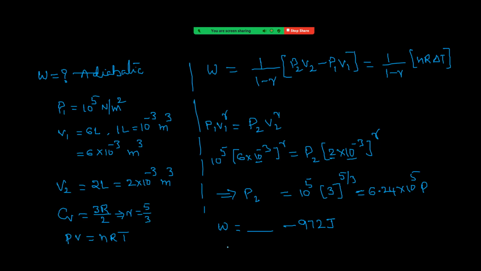The remaining part is only substituting P2 V2 minus P1 V1, with gamma as 5 by 3. Just substitute the values there. Since it is compression, the value comes out to be negative. Okay. Like this, we can solve the problem.